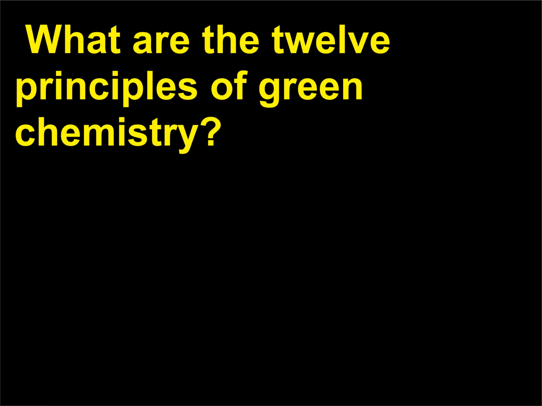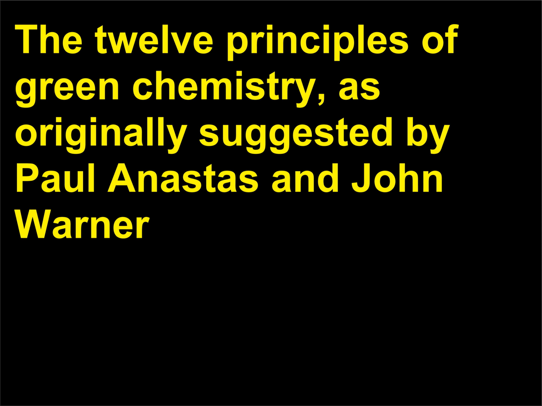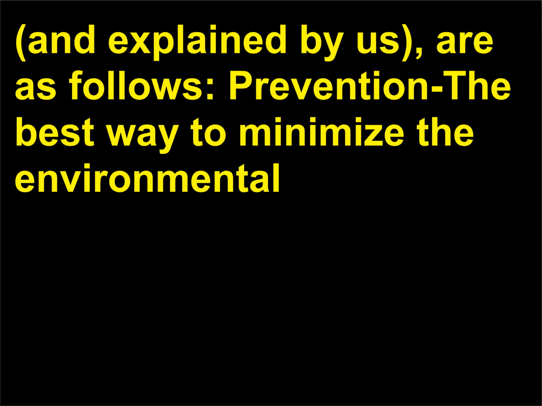What are the 12 principles of green chemistry? The 12 Principles of Green Chemistry, as originally suggested by Paul Anastas and John Warner, and explained by us, are as follows: Prevention.